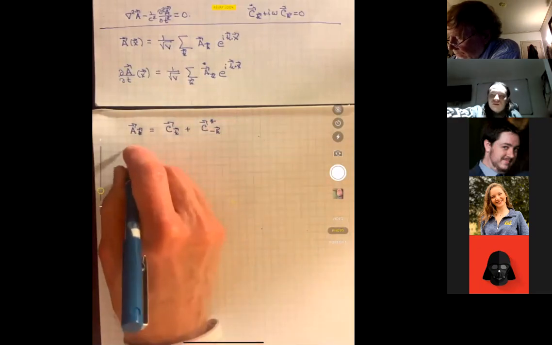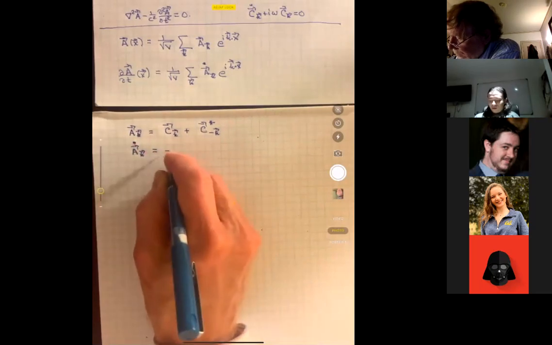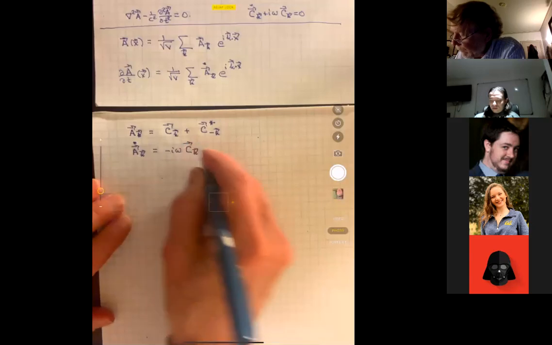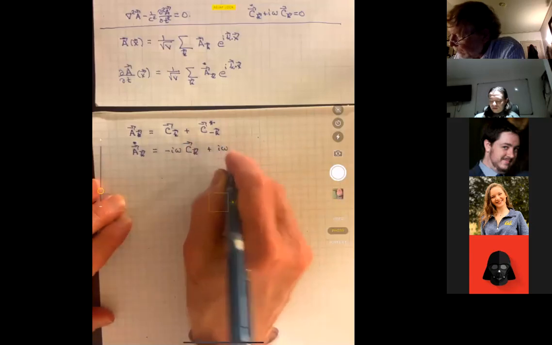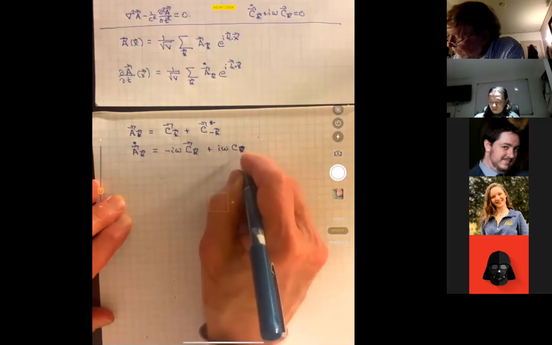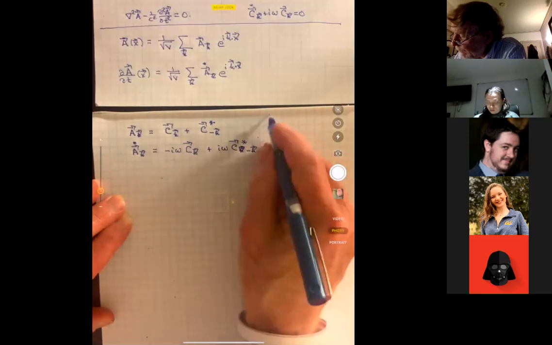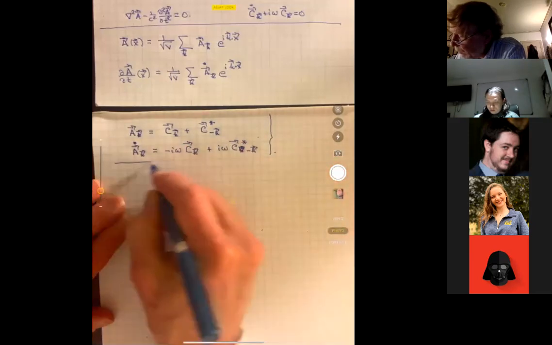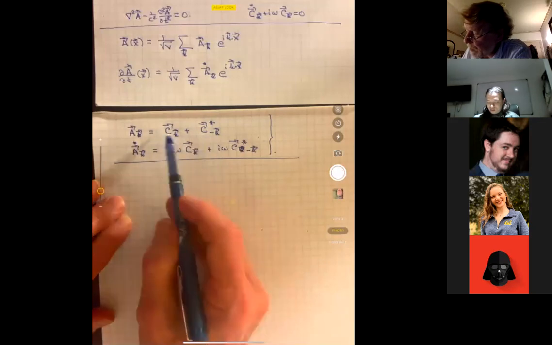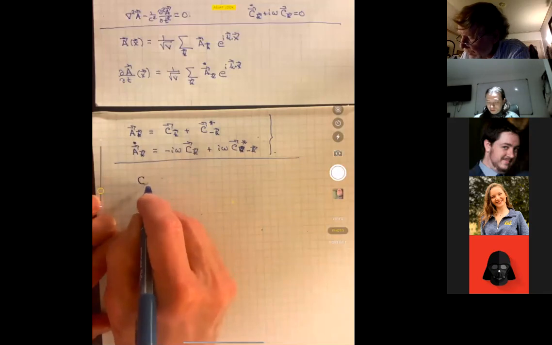And we get A sub k dot is equal to minus i omega C sub k plus i omega C sub minus k complex conjugated. So we get these two equations and two unknowns, which allows us to solve for the C's in terms of the A's.